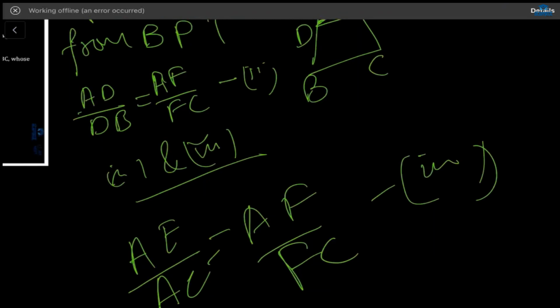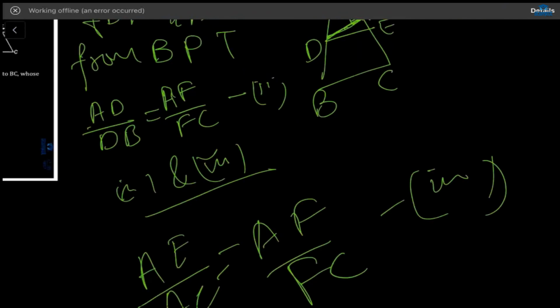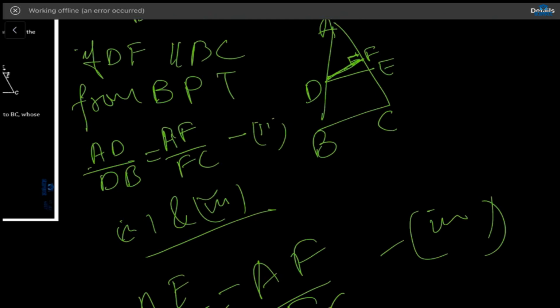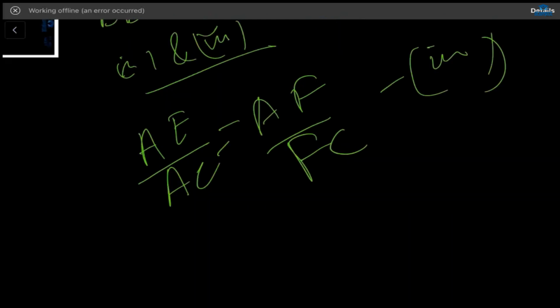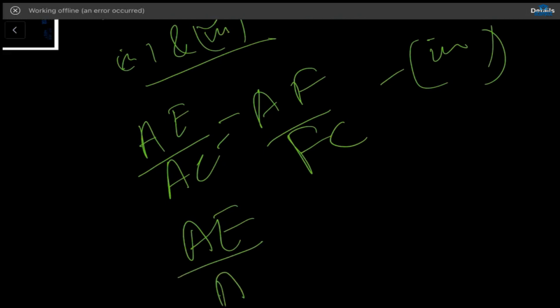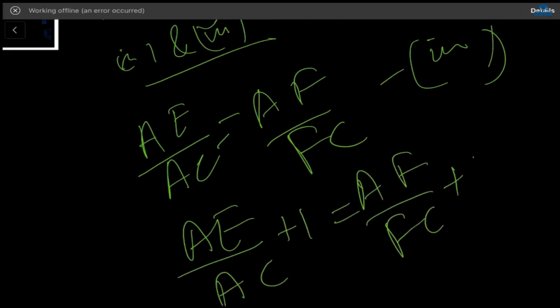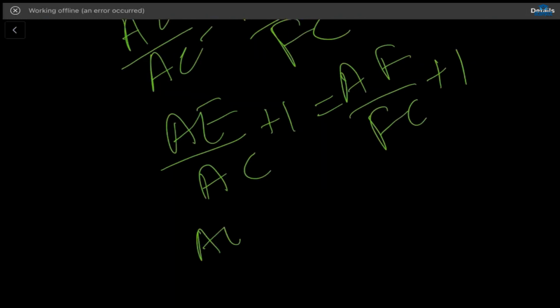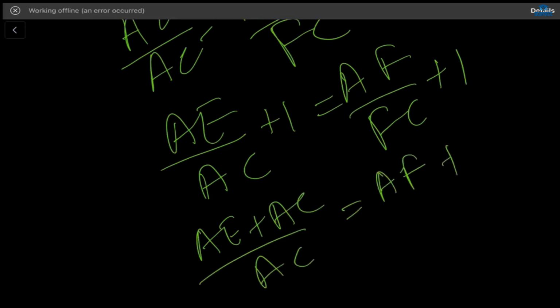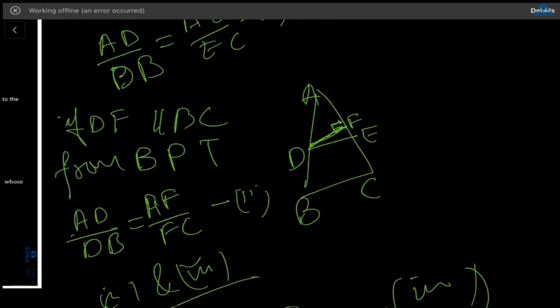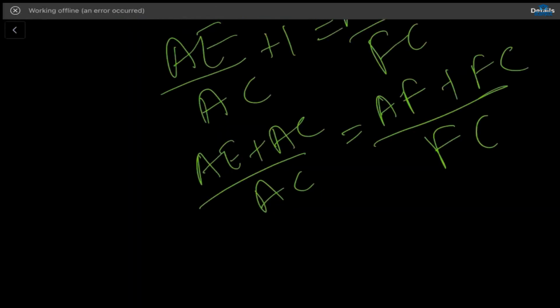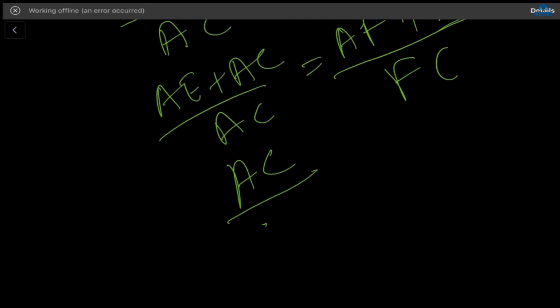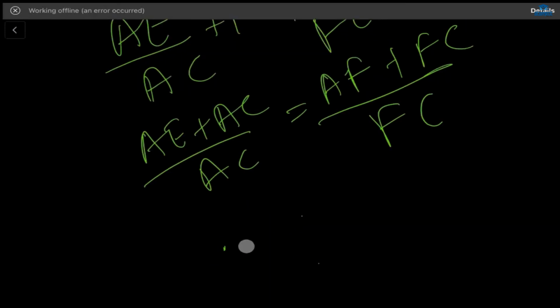Now we have to conclude that both are equal, that is, this point F is the same as point E. Let's see what we are going to do. We are going to add 1 on both sides. So we get AE plus AC by AC is equal to AF plus FC by FC. Now AE plus AC is the complete AC.